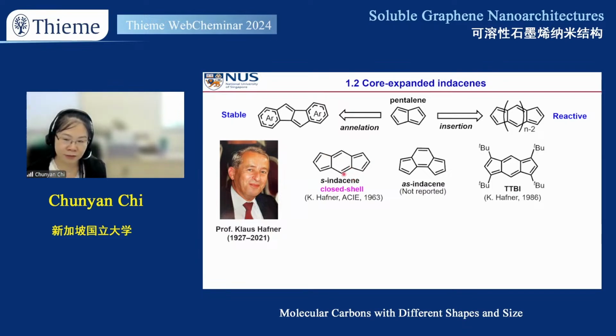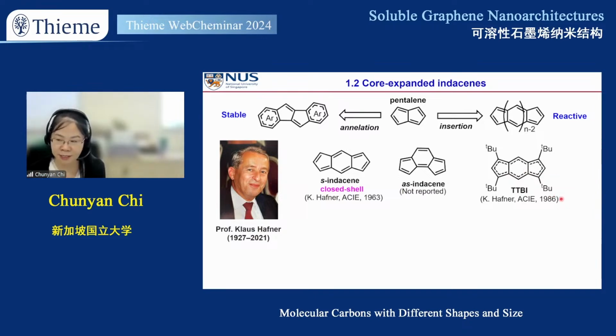The parent s-indacene was reported by Professor Hafner in 1963. It's sensitive to oxygen and trace amounts of acid. This molecule has one isomer called as-indacene. The successful synthesis of as-indacene has not been reported. In 1986, Professor Hafner reported tetrabutyl s-indacene, and based on X-ray analysis, this molecule has a highly delocalized D2h structure.